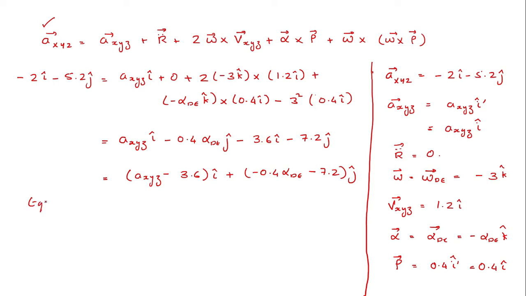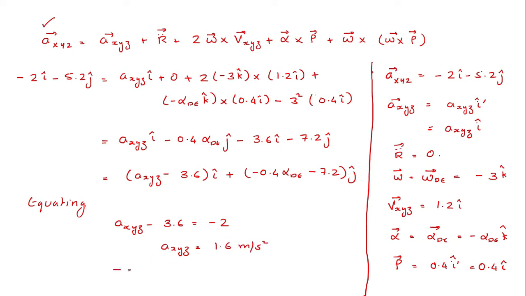Now equating both sides, we get a_xyz - 3.6 is equal to -2, or I can say a_xyz, which is only the magnitude, is equal to 1.6 meter per second square.